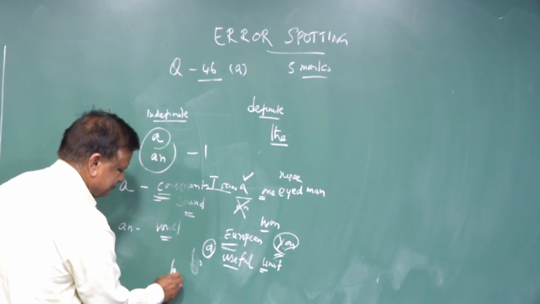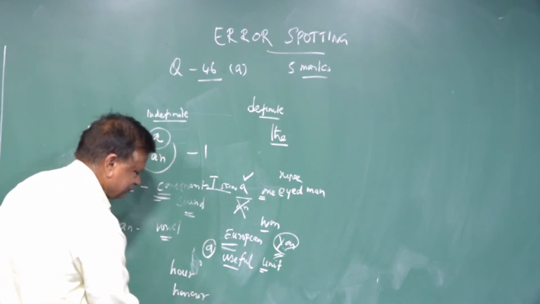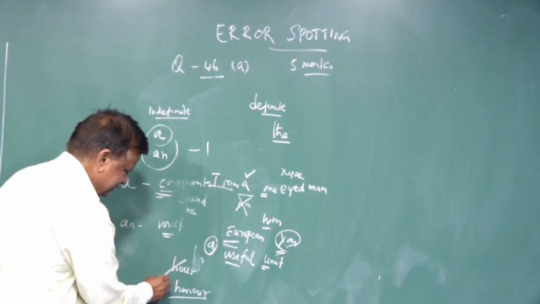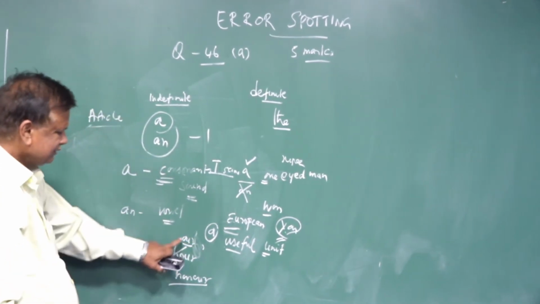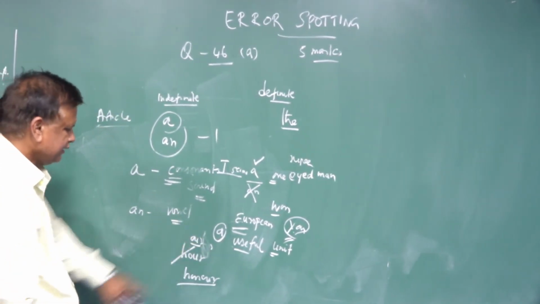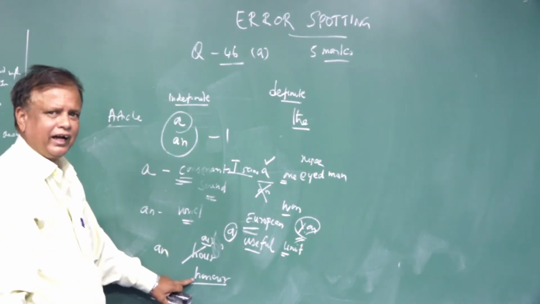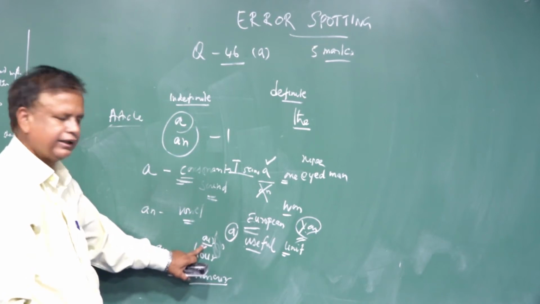Similarly, I will be having words like honor, honorable, honorary. In these words, the H is silent and it begins with an O sound. This is a vowel sound and hence I use an, an honorable person. I don't say a honorable person, I don't say a honest.